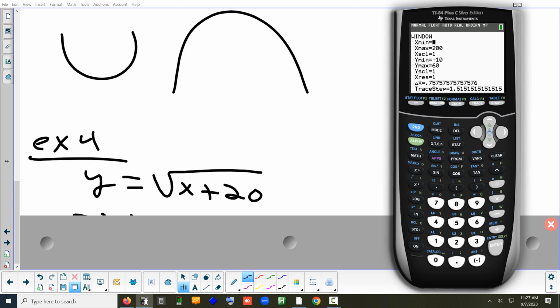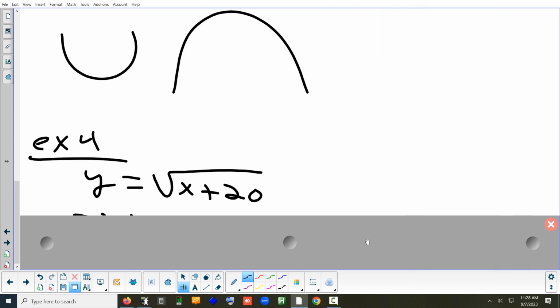All right, let's think a little bit about the square root. When you're dealing with real numbers, you can't take the square root of what kind of number? You can't do a negative, which means you want to make sure in this problem that whatever's underneath here is never a negative number.